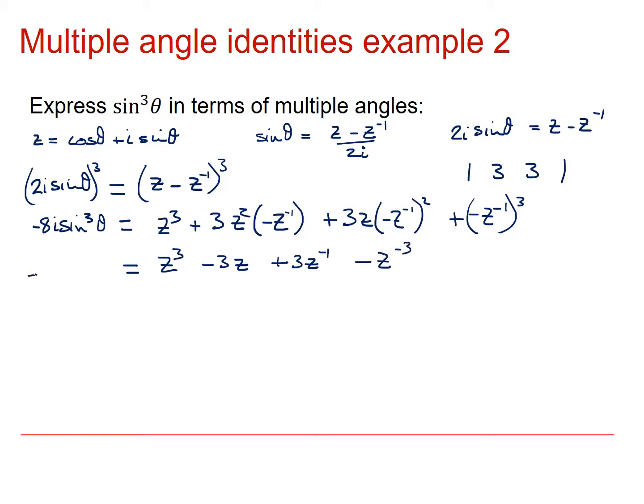And remember, that's still minus 8i sine cubed theta. Well, again, just rearranging this for a second, I get z cubed minus z to the minus 3. And then I'm going to get minus 3 lots of z minus z to the minus 1. And again, I've still got my left-hand side.